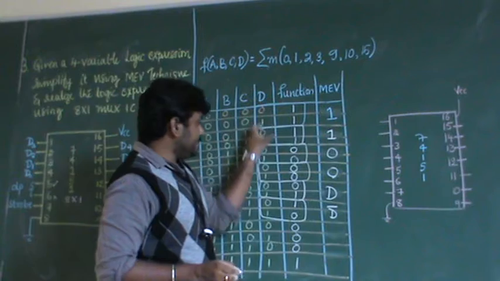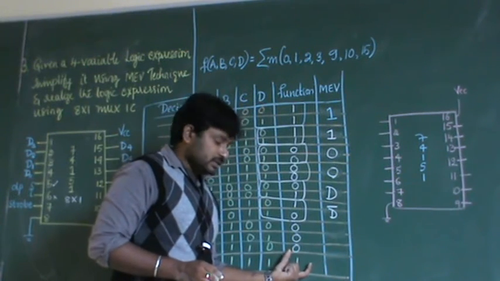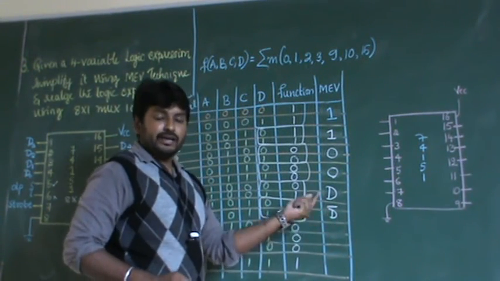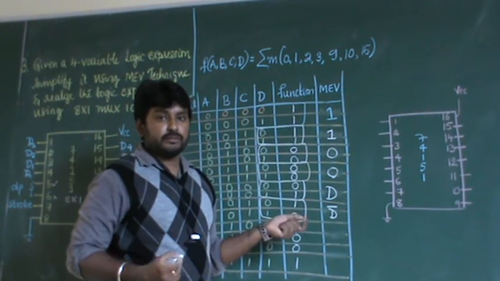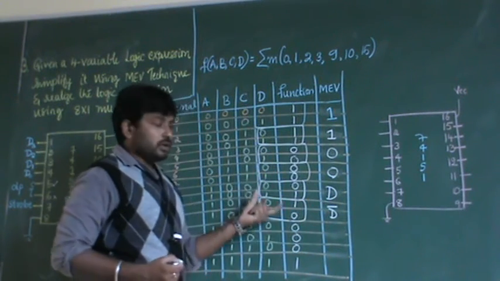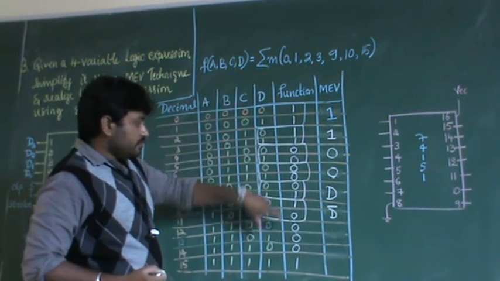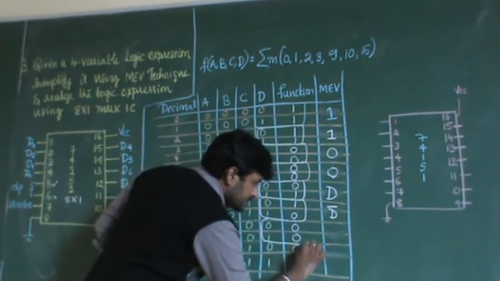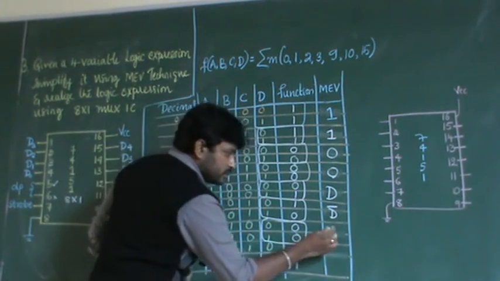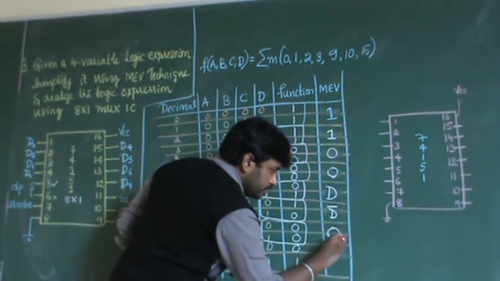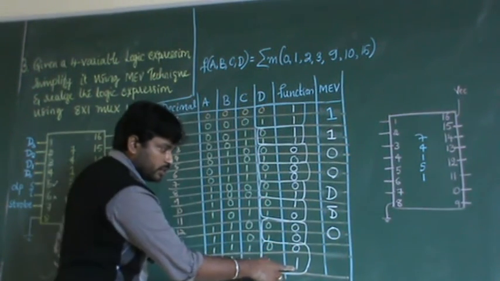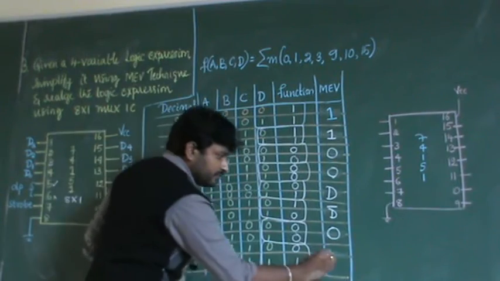Because the variable D I am comparing this output with, so therefore I have to write it as D. You should not write A, B, C, you cannot use whatever variables you want, you have to always map with this last variable. Next, for the next two combinations both outputs are 0, just write it as 0. Next, for the last two combinations the output is 0, 1, it is same as D, so therefore write it as D.